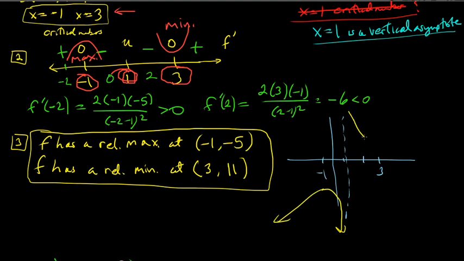And then at 3, you have a minimum. So this is a relative minimum. This is a relative maximum. Even though this point is higher than this point, that is clearly not a maximum, right? It's a valley. It's the low point nearby.